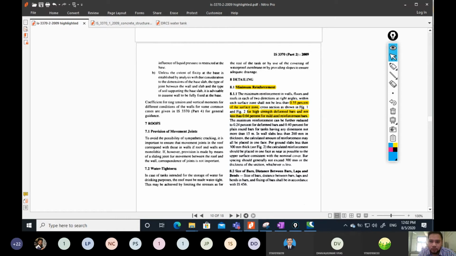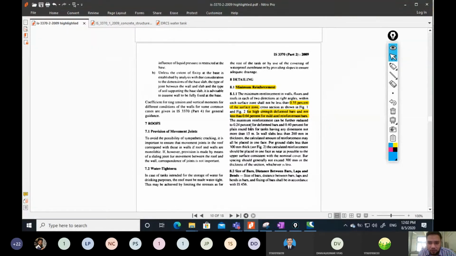So if your reinforcements are HYSD bars, you have to provide at least 0.35% of the surface zone as minimum reinforcement, and if it is mild steel, you have to provide a minimum of 0.64% of the surface zone.